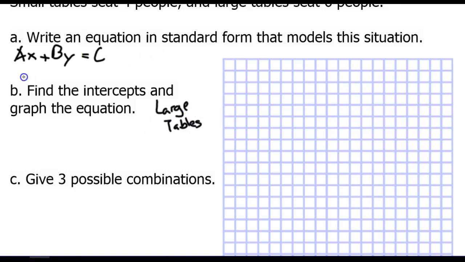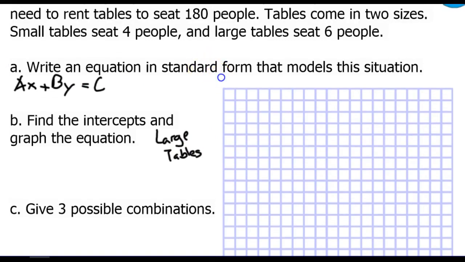So if our x is our small tables, we know that they can seat 4 people. We don't know how many small tables we have, so that's what our x is. We know that our large tables can seat 6 people. We still don't know how many large tables we have, so that's what y is for. Now, it's saying that the total number is going to be 180. So that's what our c is going to be. Our 180 is the total number of people.